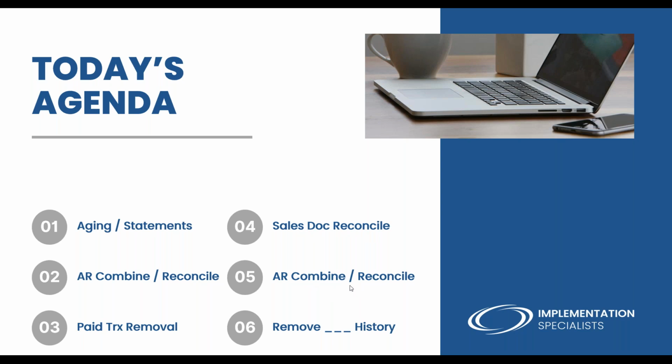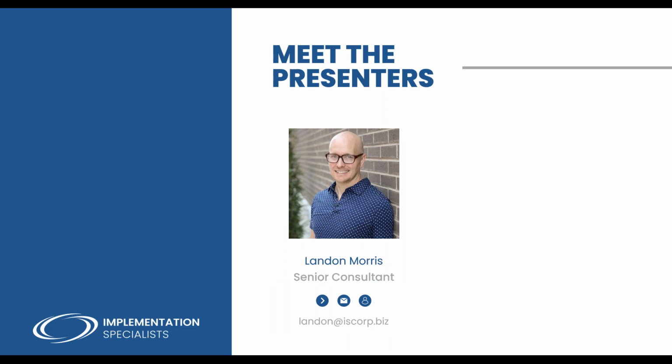That might be a typo. Sorry about that. And then the various remove history options that are available out there. There's quite a lot of those. I won't touch on each one individually because they all kind of do essentially the same thing. If you can understand one, I think it's easy enough to understand the rest of them. So we'll get to that a little later today.